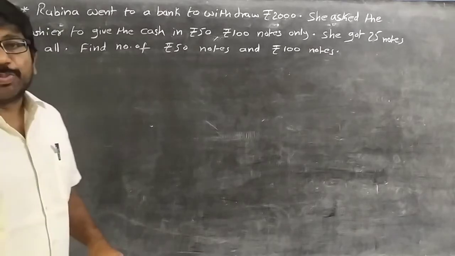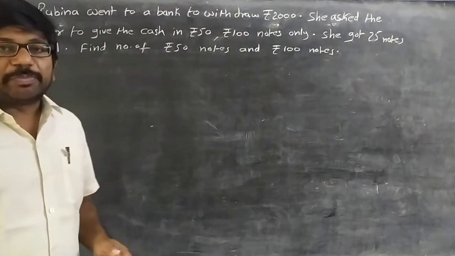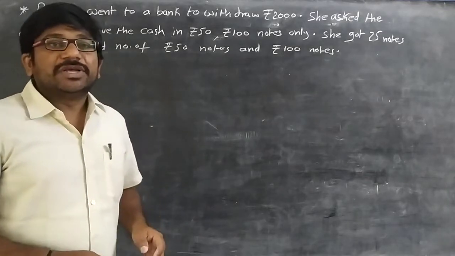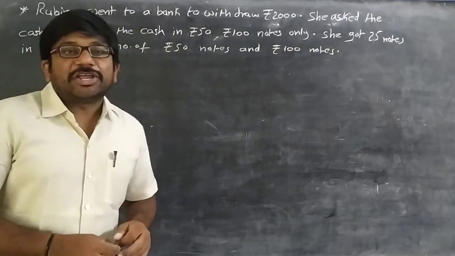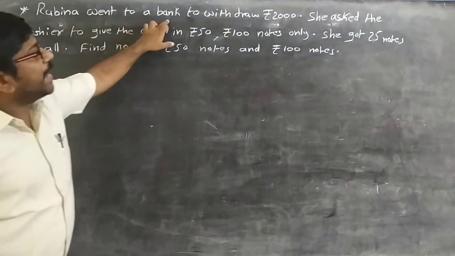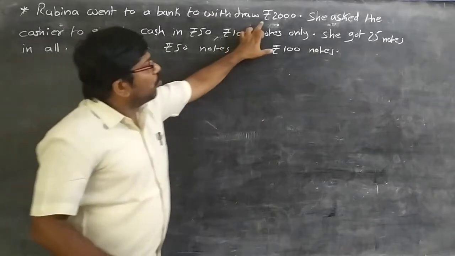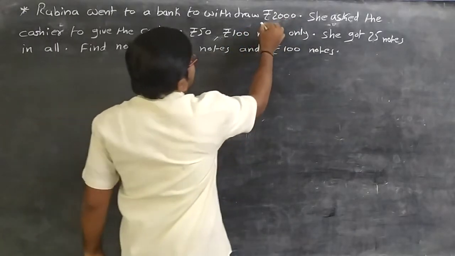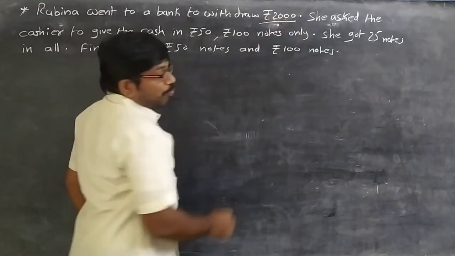Yes, go for the next problem. It is also a word problem. First we have to prepare a pair of linear equations from the given data. Rubina went to a bank to withdraw 2000 rupees cash. Here the total amount is 2000 rupees.